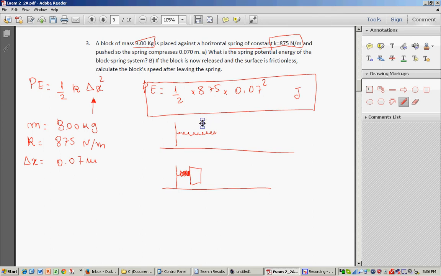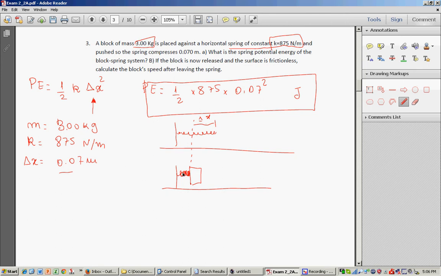So your spring in fact has been compressed by this much here. This is your del X, right? And del X is 0.07. So you compress that.